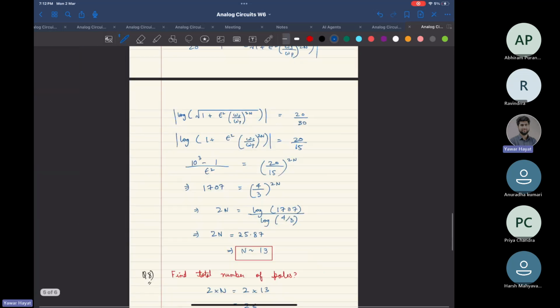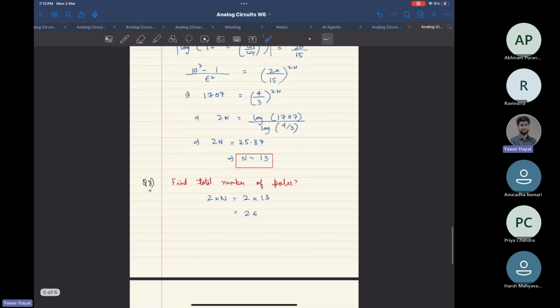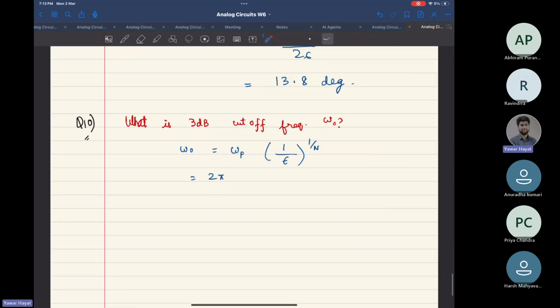Fp was 15 kilohertz. So omega p would be 2 pi times Fp, 2 pi times 15 into 10 to the power 3, times 1 over epsilon, which is 0.765, whole raised to the power 1 over 13. And that is omega naught.